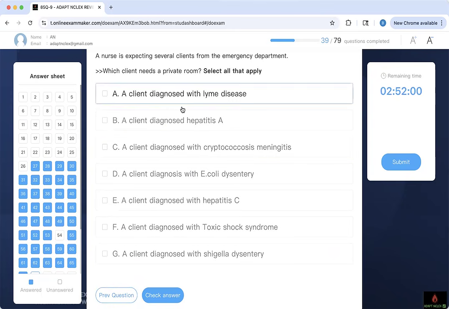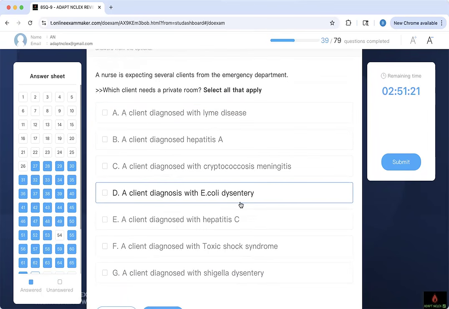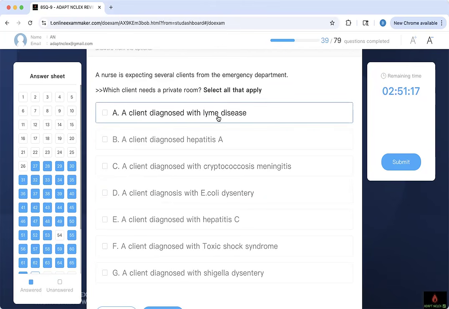A private room is for something that is droplet, contact, or airborne. Lyme disease is a standard precaution. Hepatitis A, anybody with a standard precaution does not need a private room. Hep A depends on whether the patient is diapered or not diapered.